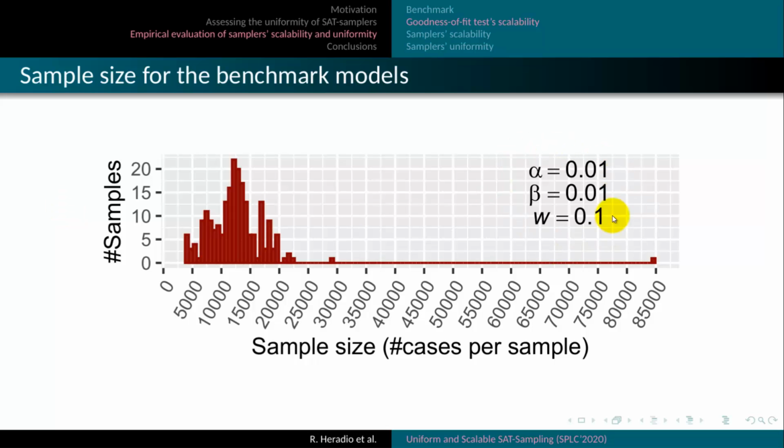We have used these high precision parameters, that is, the probability of making a type 1 error is just 1% and a type 2 error is again just 1%, and effect size is 0.1, which means very high sensitivity for our test. Even with those parameters, in most cases, we just need a few thousand configurations to validate the sampler's uniformity. For the largest model, we are below 100,000 configurations instead of millions.